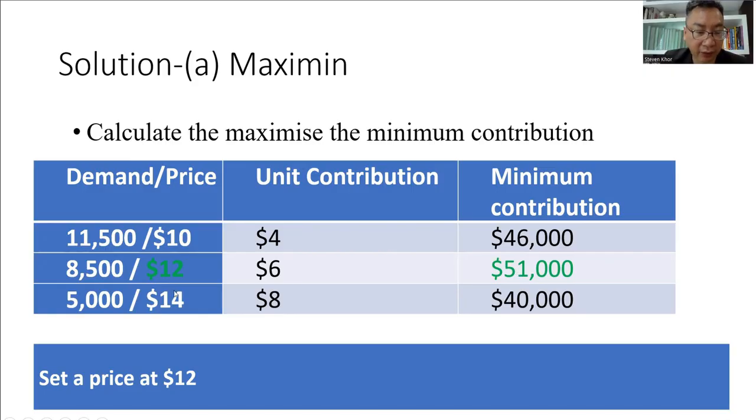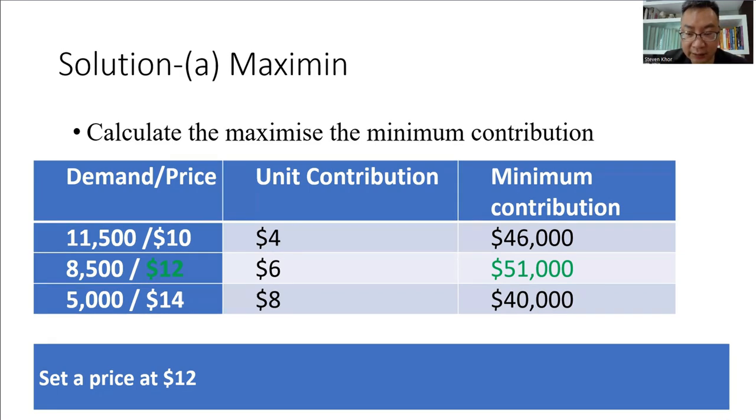So same thing for the 14 dollars per unit, and your minimum contribution is 40. Okay. So out of these three pricing, if you set at 12, your contribution is the highest among these three pricing: $10 per unit, $12 per unit, or $14 per unit.